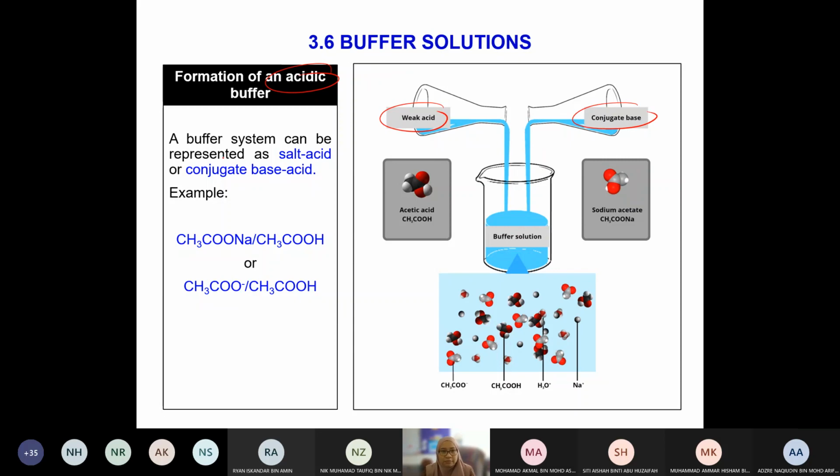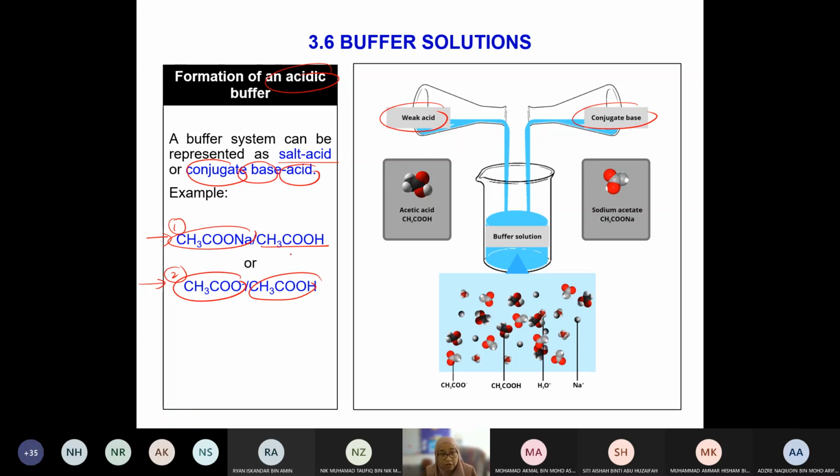A buffer system can be represented as salt/acid or conjugate base/acid. The conjugate base has acid and base at the same time, only the base comes from its conjugate. So we can represent the buffer as this, or alternatively as this one: the salt and the weak acid, or the conjugate base and the weak acid.